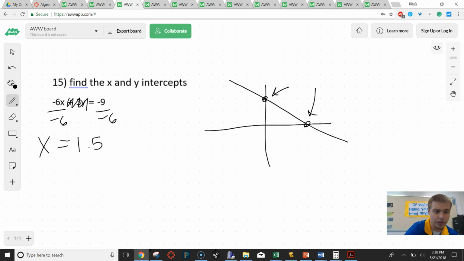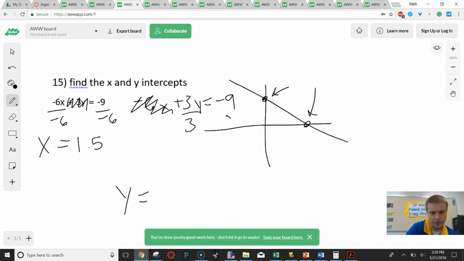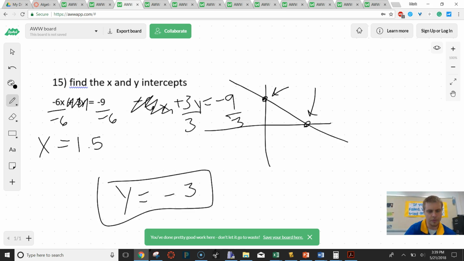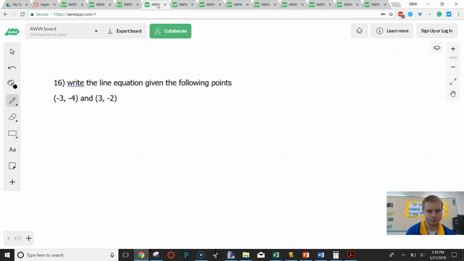Now if we were going to do this for the y-intercept, we would do the same thing, but this time, since we want the y-intercept, we don't need an x value. So then we would divide by 3, and the y-intercept would be negative 3. So just make sure whenever you look for the x or y-intercept, you cover up the value that you do not need. Let's go to the next one.